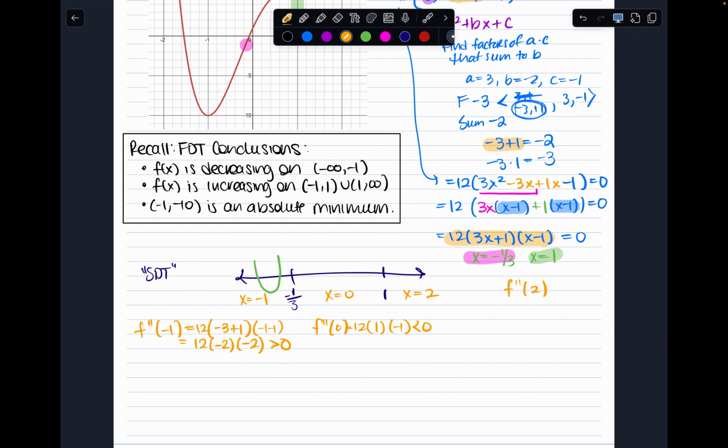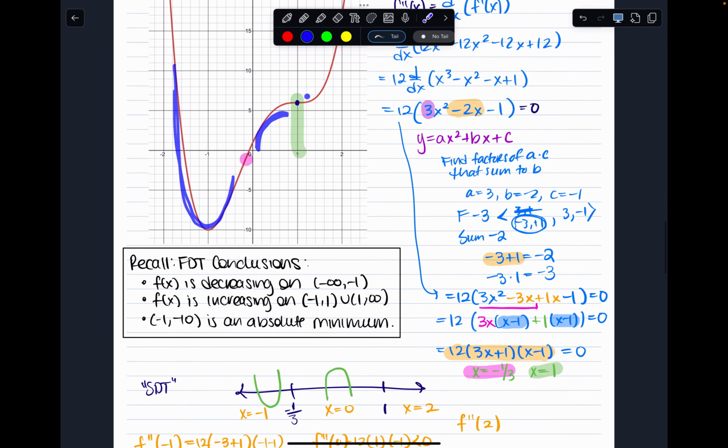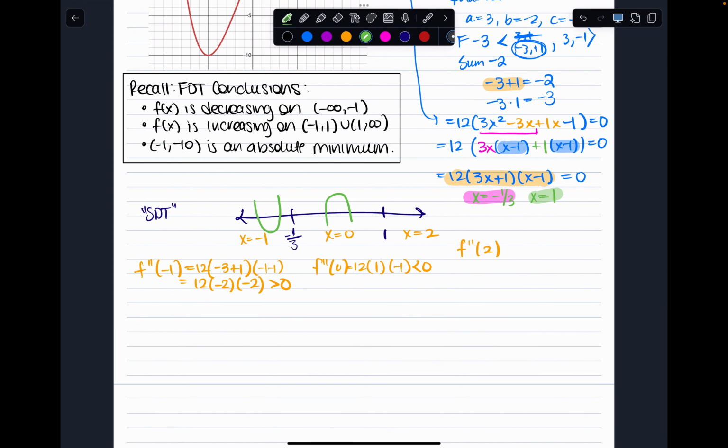That's perfectly fine with me, as long as you recognize the sign. So on that interval, we are concave down. And you can kind of see concave up, concave down, concave up. Always be looking at the graphs for these, just like before.